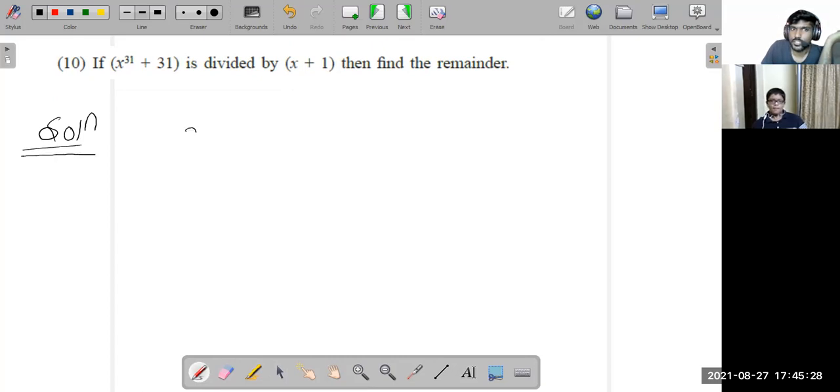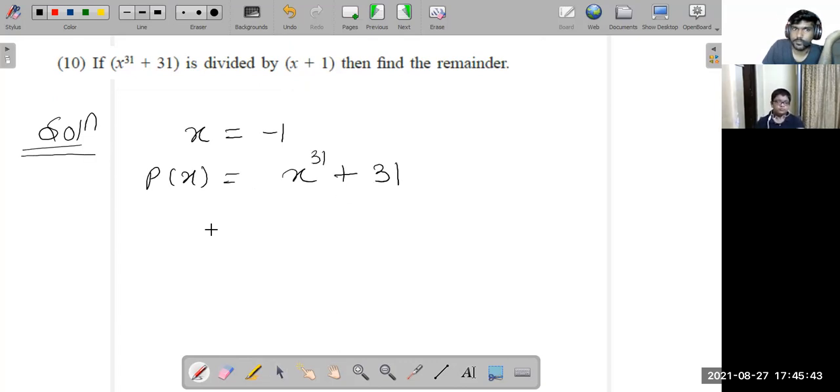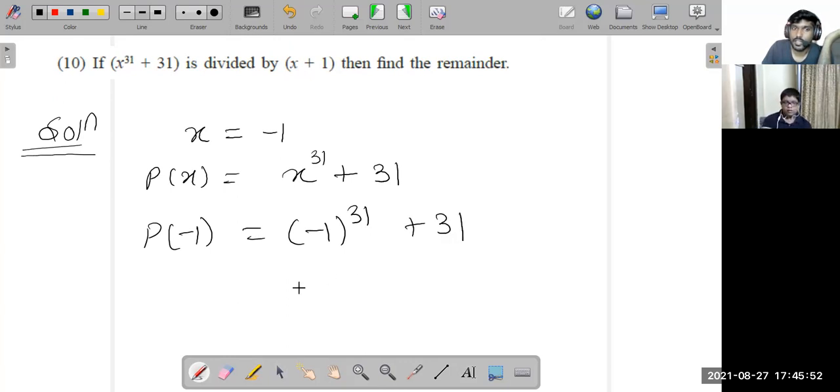I will have to substitute x as what? Minus 1. And your polynomial p(x) is x to the power 31 plus 31. Substitute minus 1. So this becomes minus 1 to the power 31 plus 31. Now, how much will this be? Minus 1 to the power 31 is minus 1.